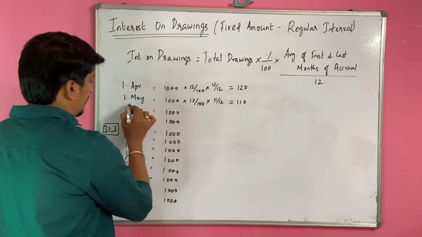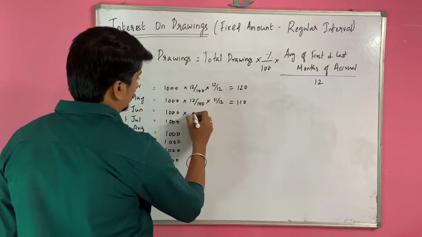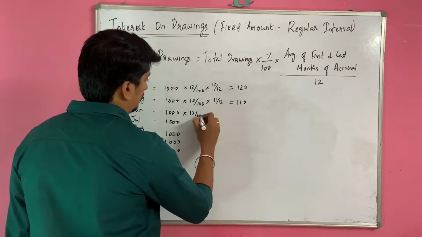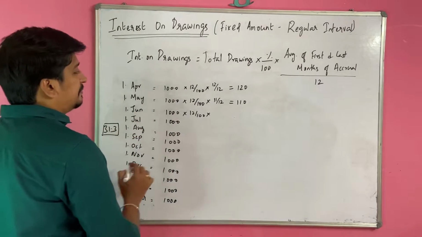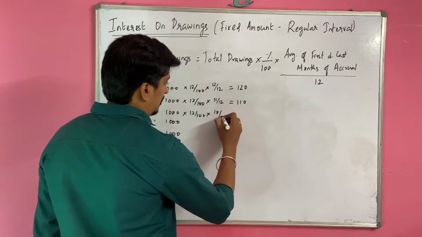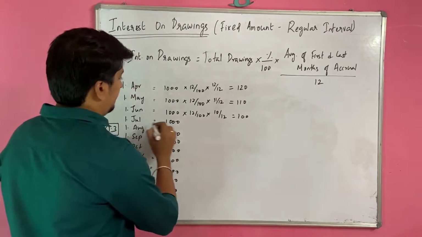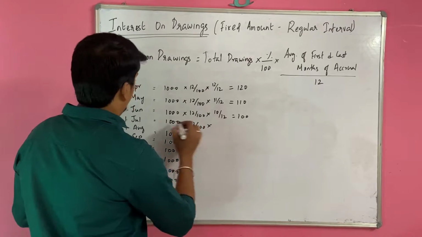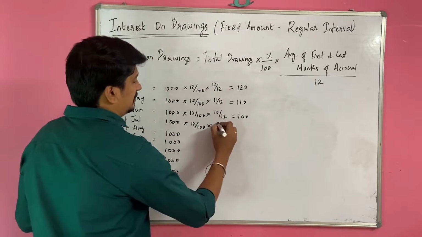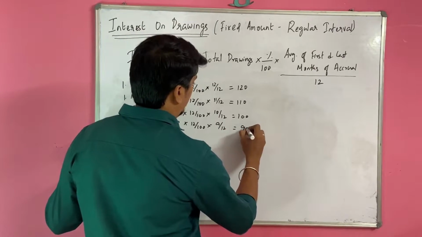Then for June 1, same 12 by 100 into the remaining period from June 1 to 31st March, which is 10 months. So 10 by 12, and it will be 100. Similarly for July, 12% interest, and it is 9 months, 9 by 12, and it will be 90.